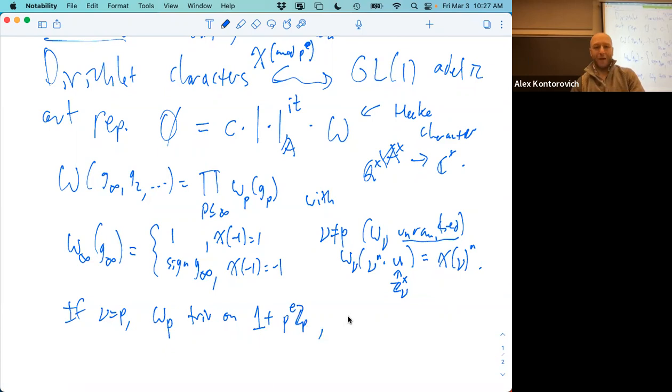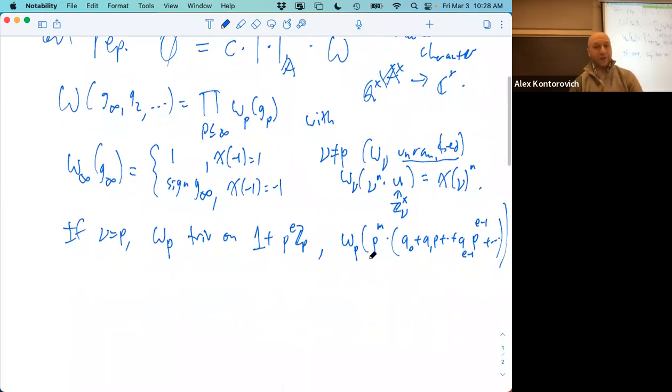then what we do for omega p of p to any power m, times a number of the shape a0 plus a1 p, and so on, plus a_{e-1} p^{e-1} plus higher order terms, is this: I don't do anything for the p to the m.